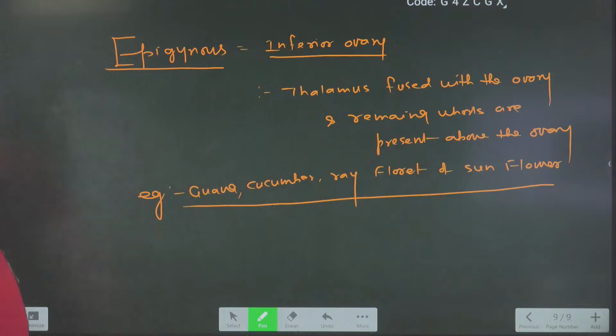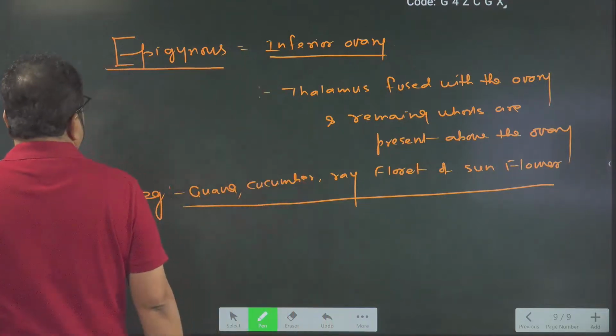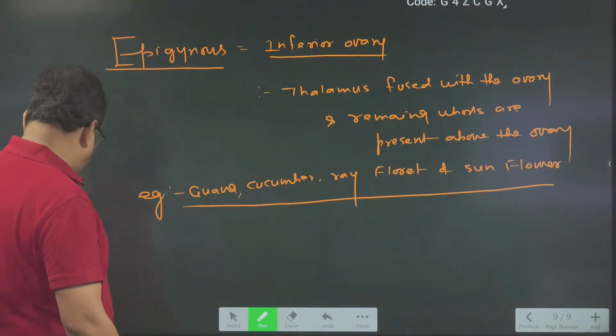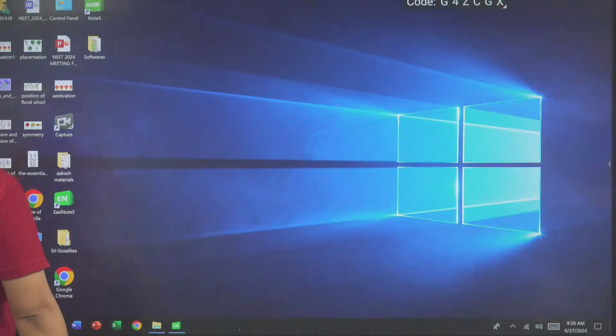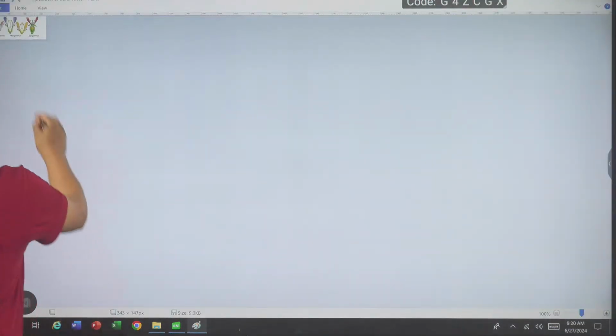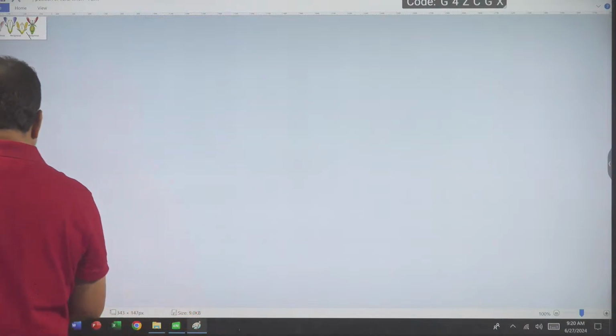Got the idea? So this is about the epigynous condition. Right? What we are discussing now, see through the diagram. What is happening?